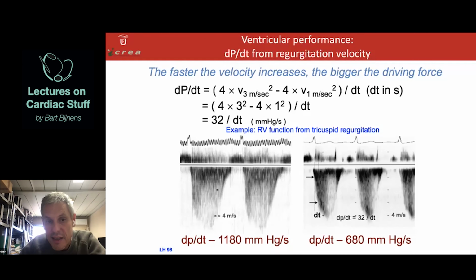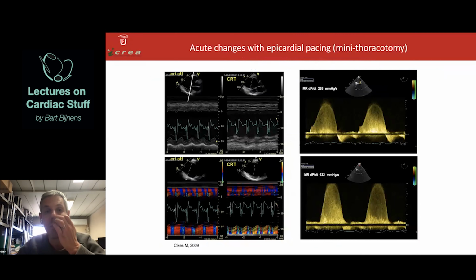When blood is accelerating, we know that the pressure is building up, and the derivative of this will be the derivative of the pressure, related to the fact that velocities and pressures are related. So we can measure a kind of derivative of the pressure by measuring how fast this goes. And so here's this very small example.